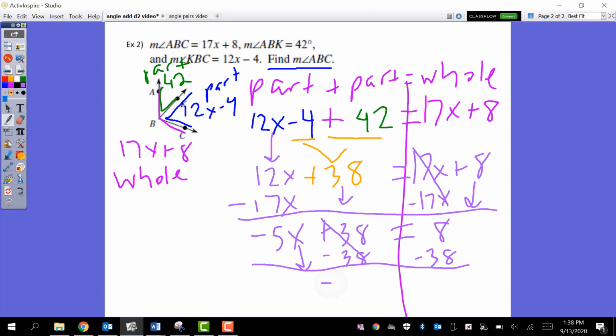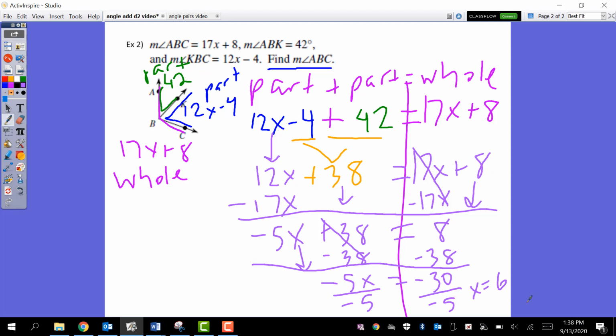Don't forget that negative sign on the 5. Equals 8 minus 38 is -30. And last step, I'm going to divide by -5. Remember, when we divide, we're dividing by the same sign. We're not changing the sign when we divide. And when I do that, I get x equals +6. Negative divided by negative is positive.